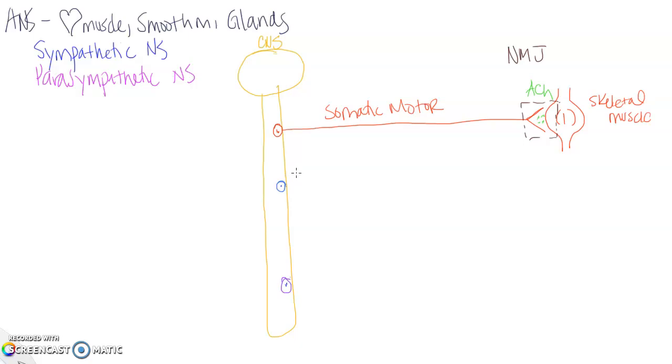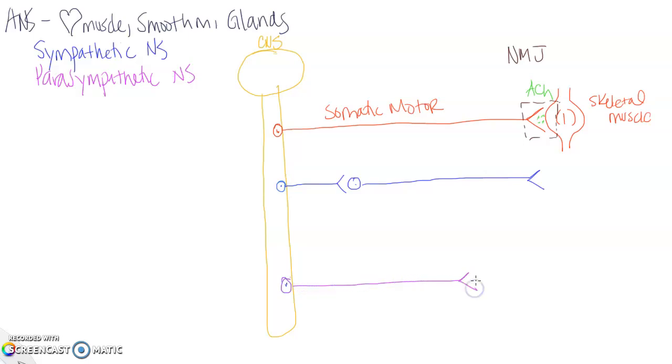It's going to be a pathway of two neurons. There's going to be a neuron, and then that will synapse to another neuron to go over to the effector, which of course in the ANS is, again, cardiac muscle, smooth muscle, and glands. In both systems, it works that way.